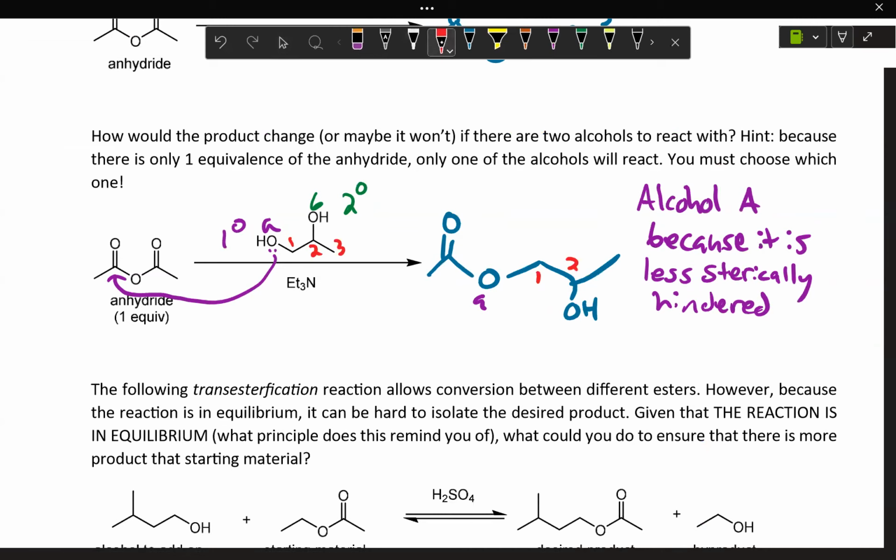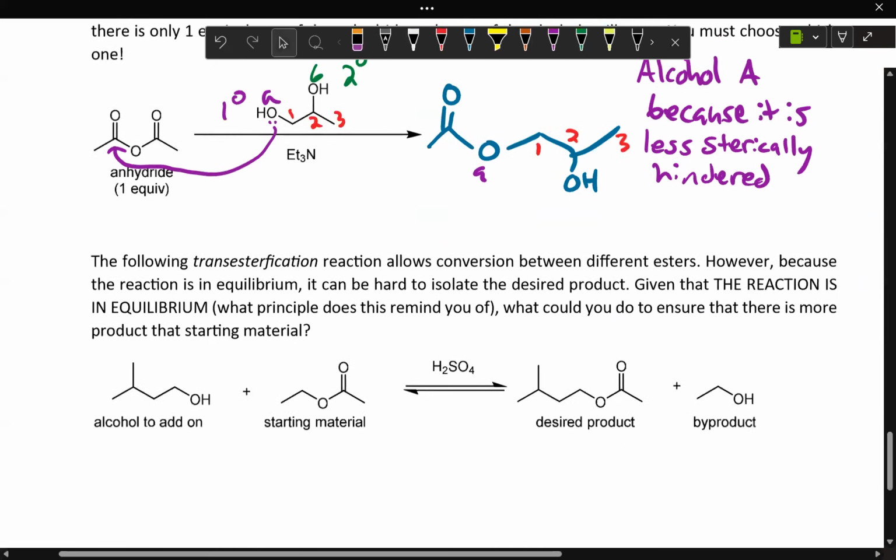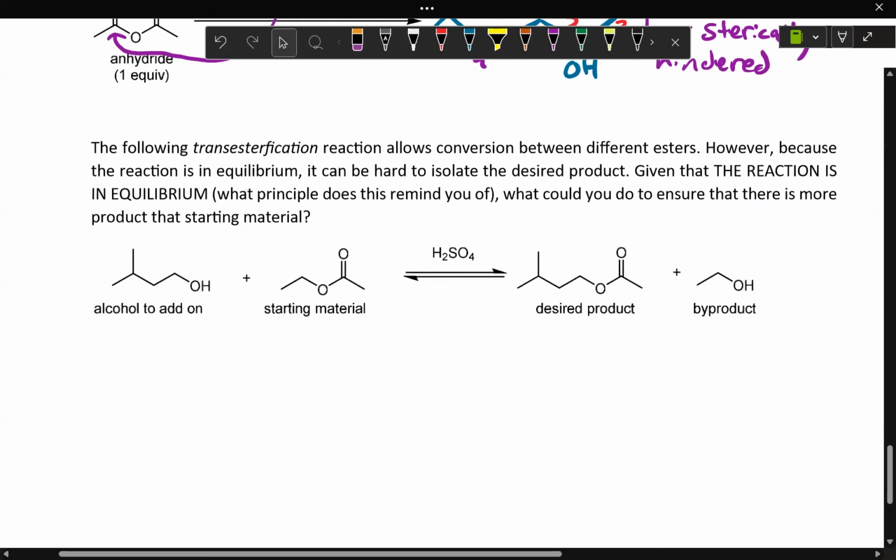So that's going to be that answer. Oh, let me go to the 3. And let's go to the next one. This reaction is called transesterification, and that just means you're going from one ester to another. And this reaction is in equilibrium. And I asked, what principle does that remind you of?